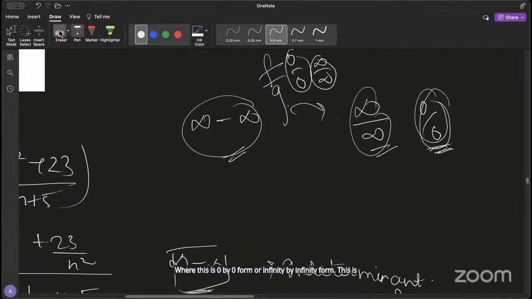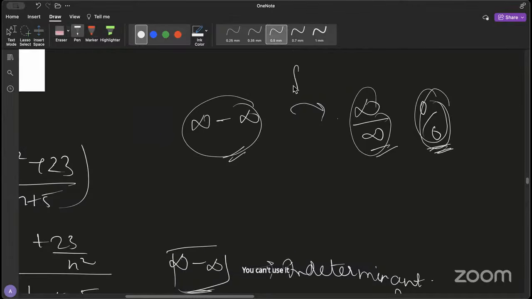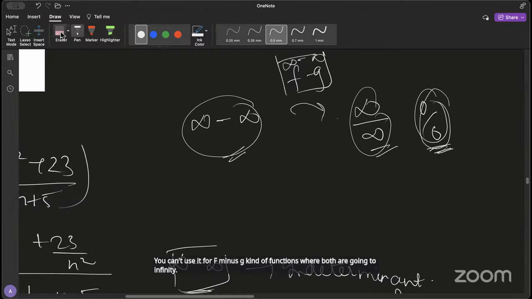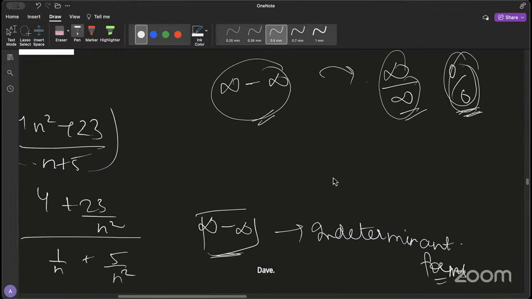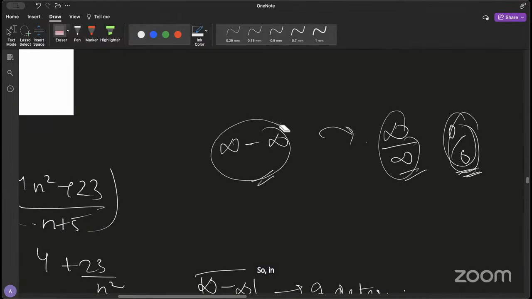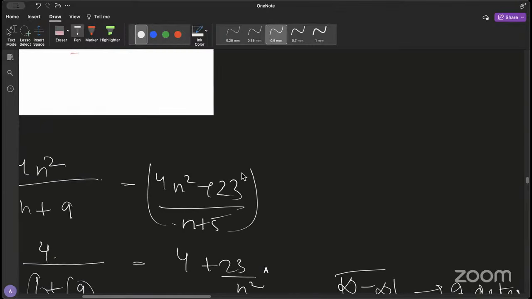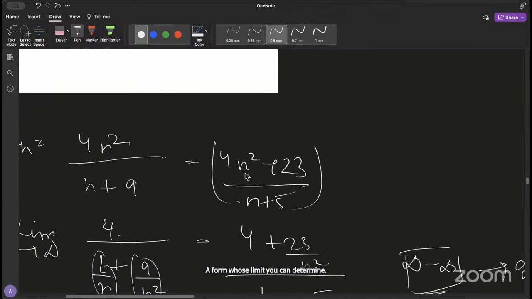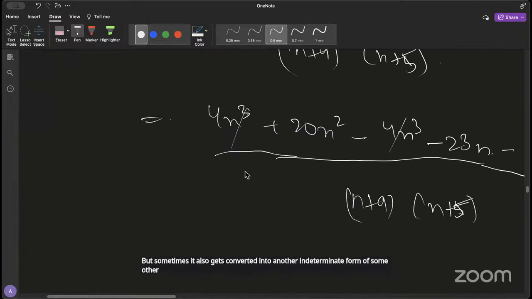You can't use it for f minus g kind of functions where both are going to infinity. Here, it's not applicable, right? So in our case, infinity minus infinity form got simplified to a form whose limit you can determine, but sometimes it also gets converted into another indeterminate form of some other kind, 0 by 0 or something.